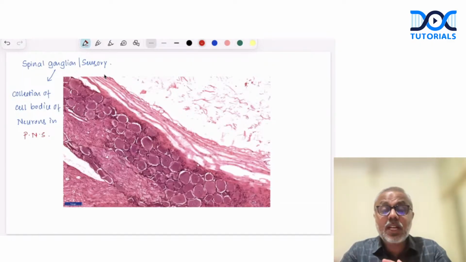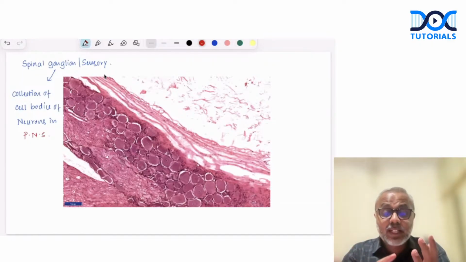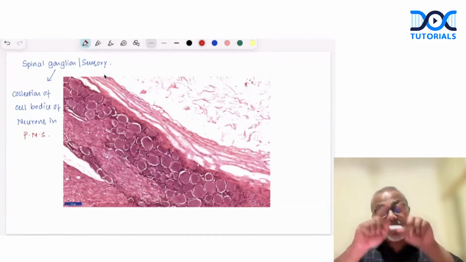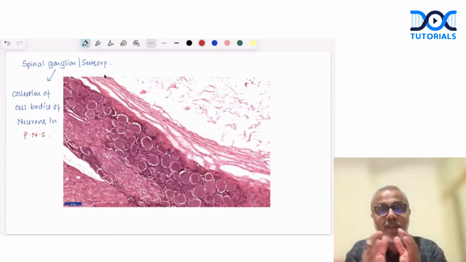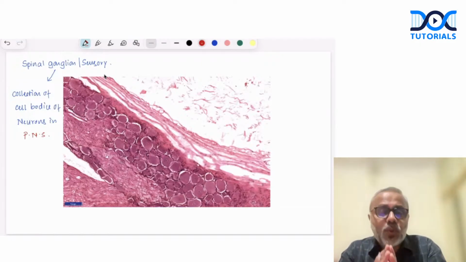What do you call the collection of neurons inside the central nervous system? You call it gray matter, you call it nucleus, you call it columns, right? So whenever only cell bodies of a neuron form an aggregation in the peripheral nervous system, we refer to it as ganglion. And ganglia are of two major types.